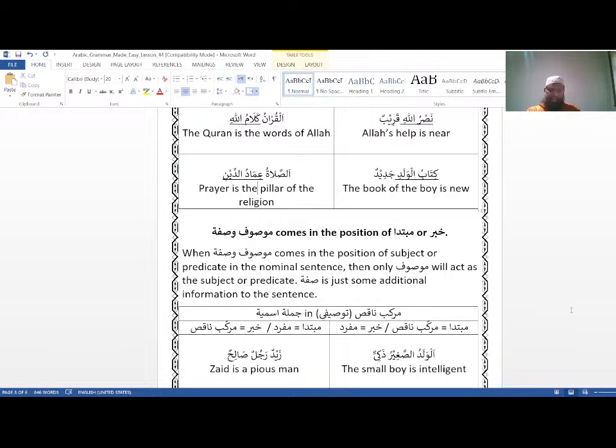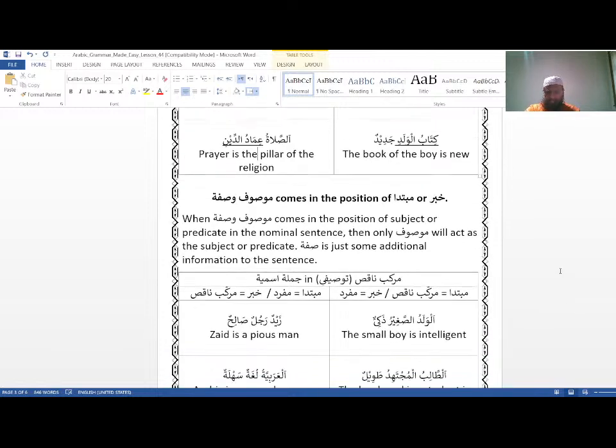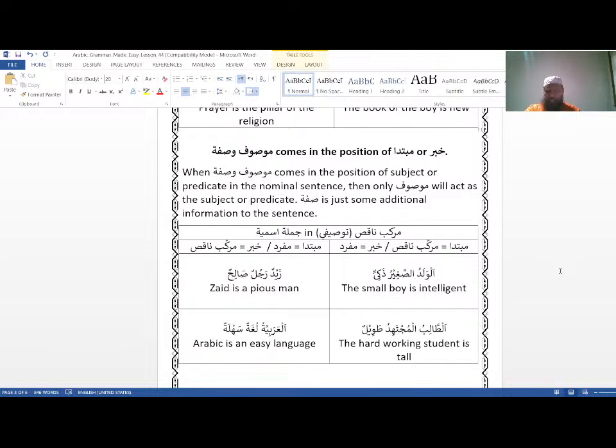Next, mubtada is mufrad, but khabar is murakkab naqis, in our case, murakkab tawsifi. Zaydun Rajulun Salihun. Zayd is a pious man. Next, At-Talibul Mujtahidu. So these two are mawsuf and sifat because we can see they're following each other.